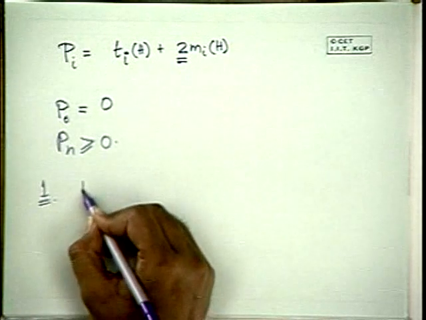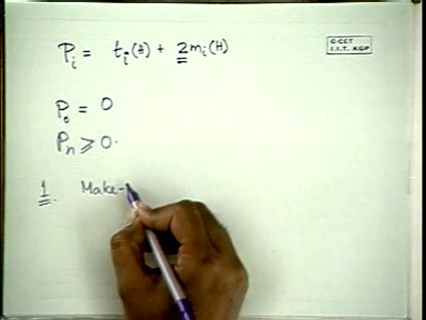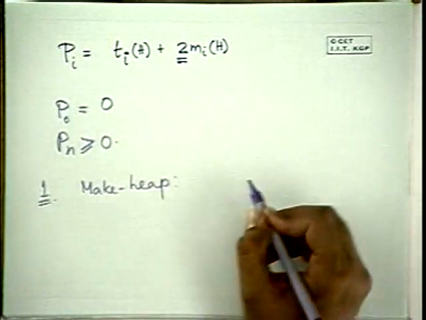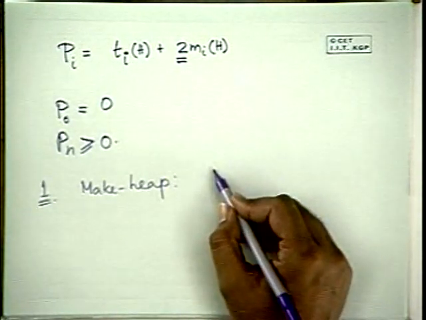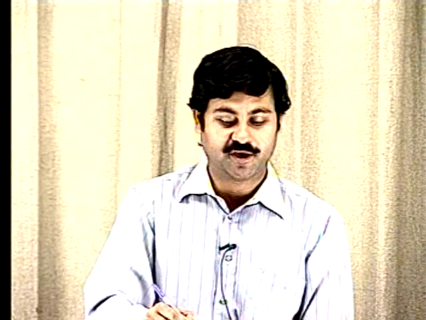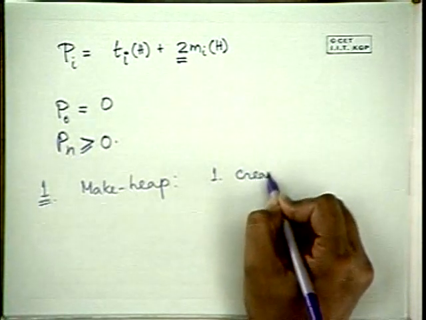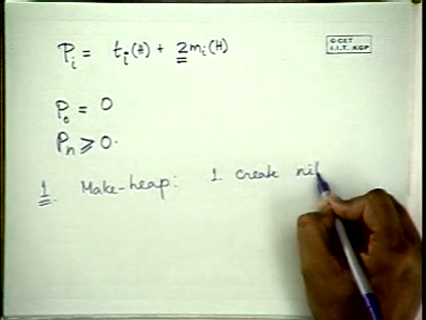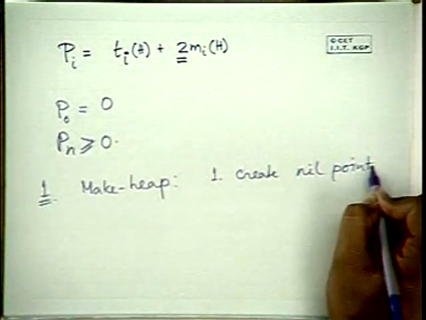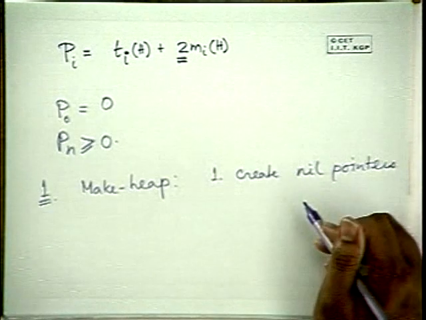Now let me go over some of the trivial operations of that list. The first operation was make heap. What do you have to do? Make heap means you have to make a heap from scratch. There is nothing. So the step is to create nil pointers. Suppose you have declared the data structure, so you initialize all the structures. No node, nothing has been created.